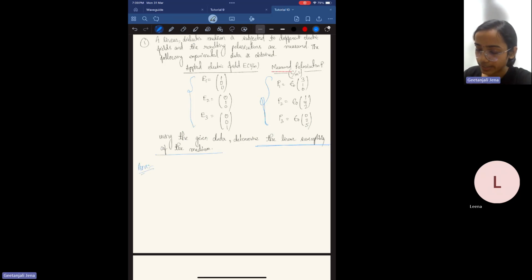If you recall, in a linear dielectric medium, you can express the polarization as P_i equals epsilon 0 chi_ij E_j, for i and j being x, y, z or 1, 2, 3, anything you can take.